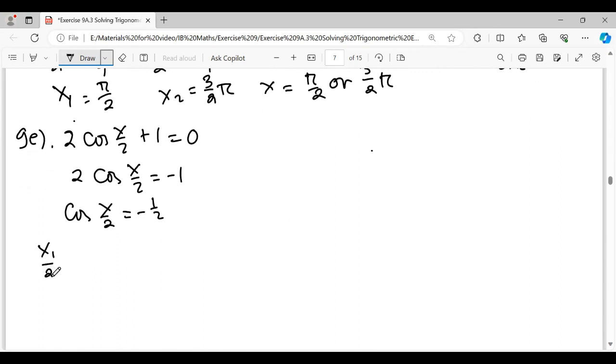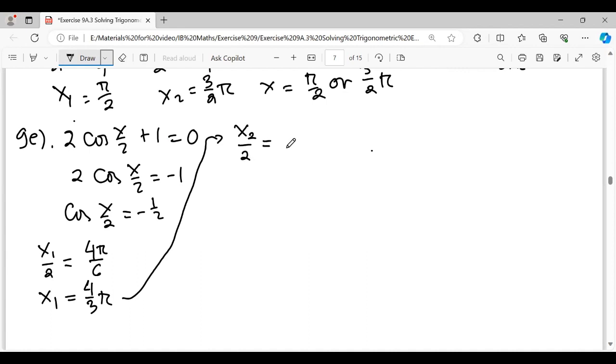So x1 over 2 is 4 pi over 6. It means x1, times 2, becomes 8 pi over 6, which is 4/3 pi. Now x2 over 2 is 8 pi over 6.